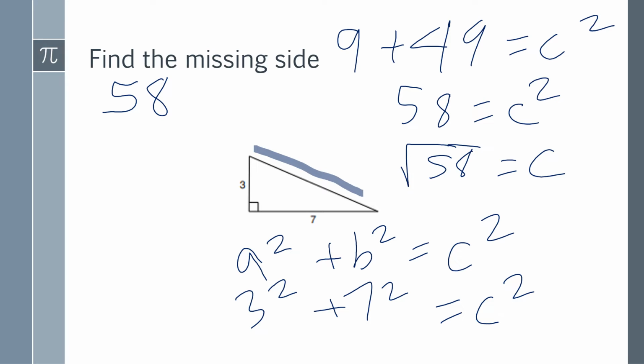So 58, guess what? I can't simplify 58. Can you think of any number times 58? I mean, if two numbers multiplied together give you 58. You try 29 times 2. You could try that.